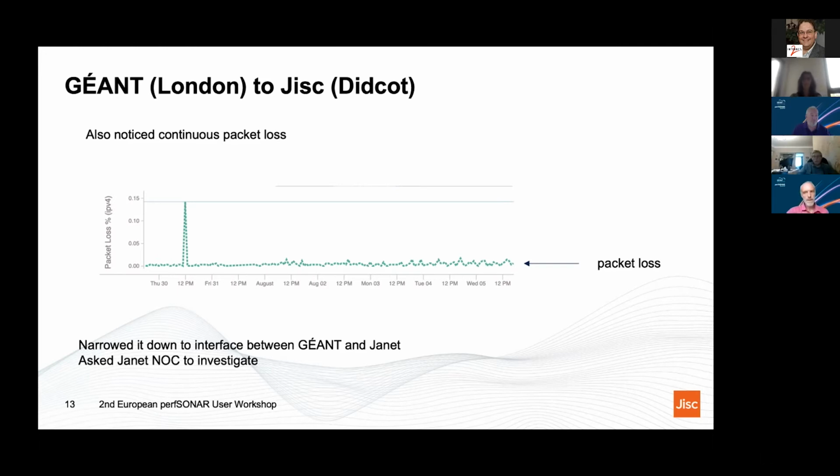We did look at measurements, for example, between the ASNET international dashboard and some of the other ones from the States into London and into GÉANT, and realized it was something within GÉANT, or from the GÉANT entry point towards Belfast.